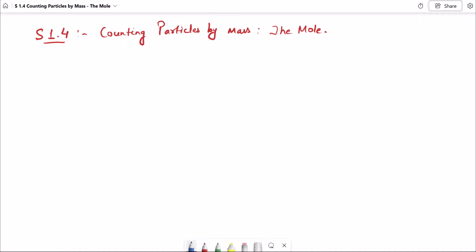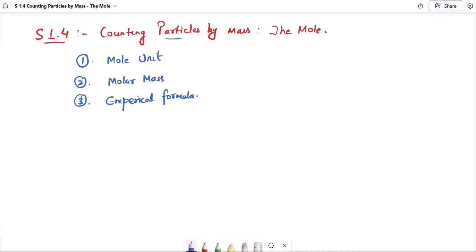In this small unit, the major subtopics are: first we will discuss the mole unit, then what molar mass is, next empirical formulae, next molar concentration, and at the end Avogadro's law.